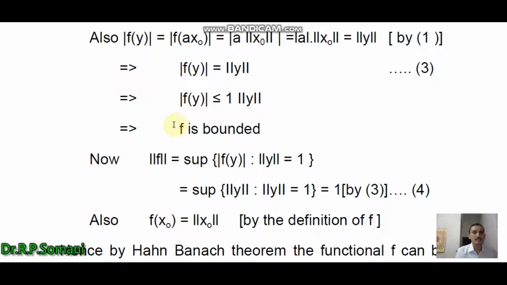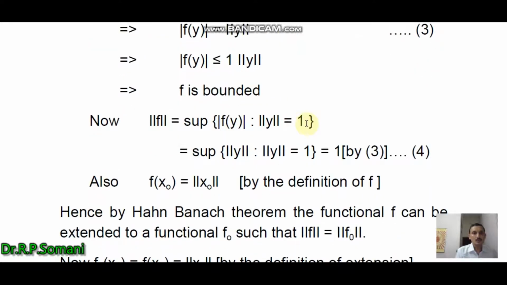Therefore we see that f is bounded. And now the value of norm f, by definition of the norm of a functional, is equal to supremum of modulus f(y) such that norm of y equal to 1. Now applying equation 3, we obtain this equal to supremum of norm y such that norm y equal to 1, and this becomes 1. Therefore we obtain that norm of f equal to 1.